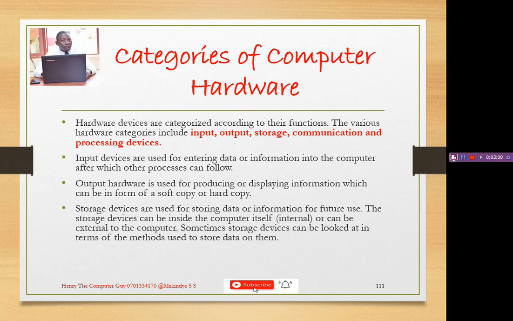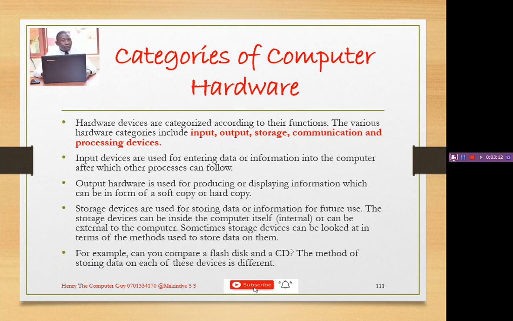Sometimes storage devices can be looked at in terms of the methods used to store data on them, as we shall see with time to come. For example, can you compare a flash and a CD? The method of storing data on each of these devices is different.